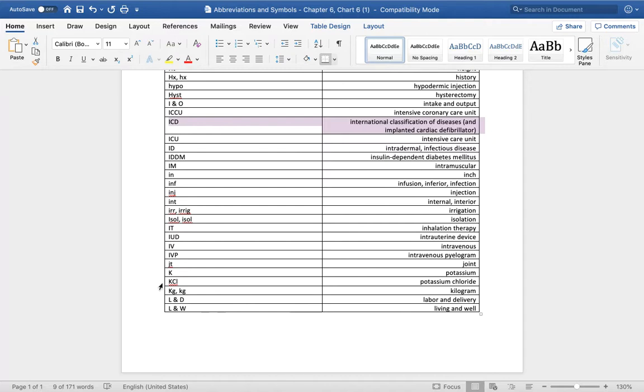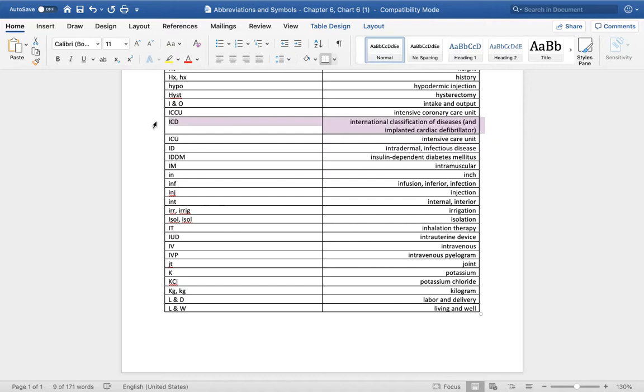Leukemia, or cancer of the white blood cells, can be diagnosed by this, this, and this, right? So that's where they came up with the names for them, what characterizes a diagnosis.